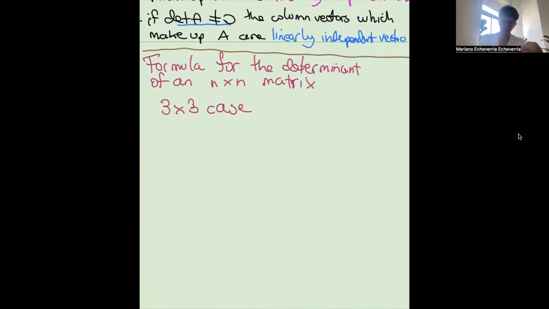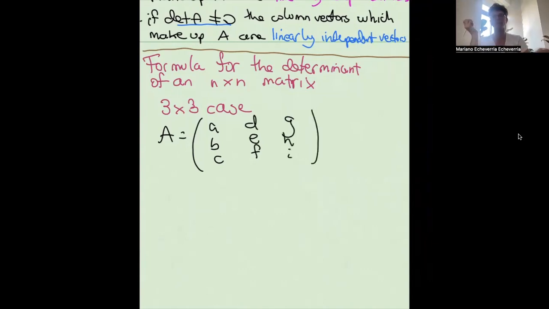So you have this matrix A B C, D E F, G H I, and to the matrix you associate a matrix of signs.